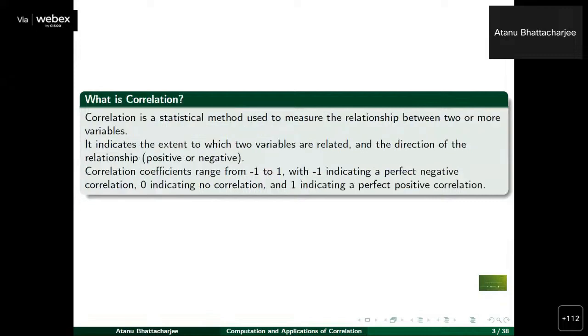So, what is correlation? Correlation is a statistical method used to measure the relationship between two or more variables.